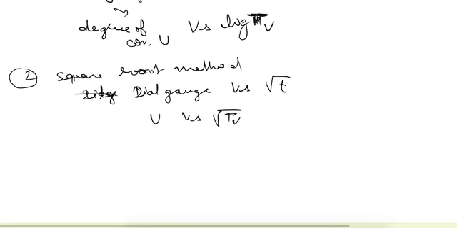So using this similarity, some methods are used. Like in the first method, tangents are drawn, and corresponding to this we get the value of 100% consolidation. So we'll find the time corresponding to 100% consolidation and the dial gauge reading for 100% settlement.